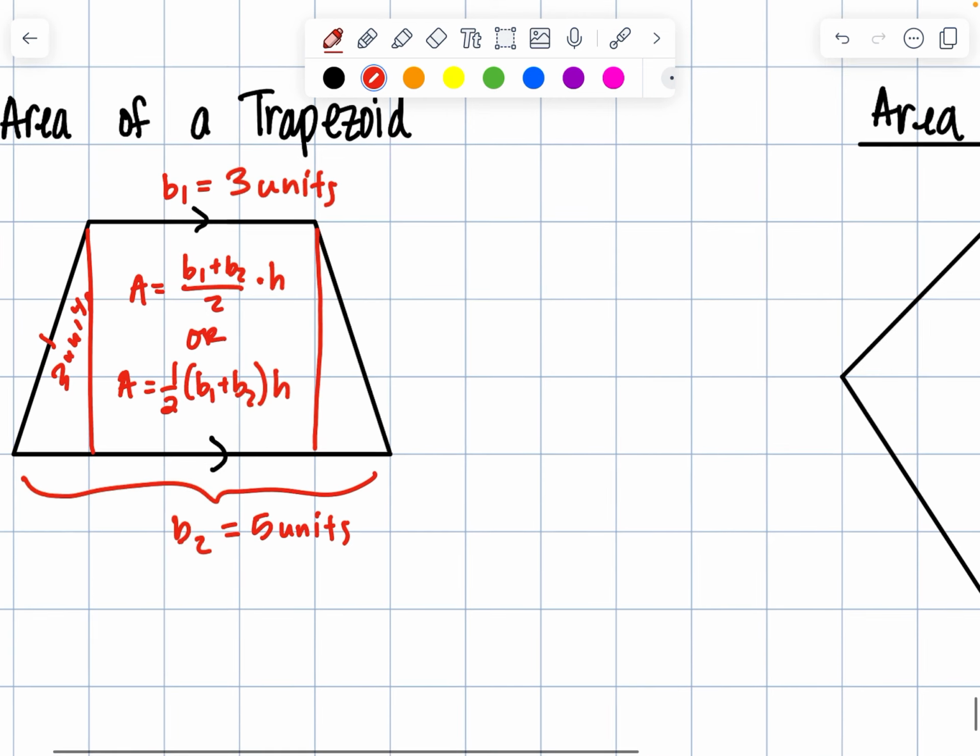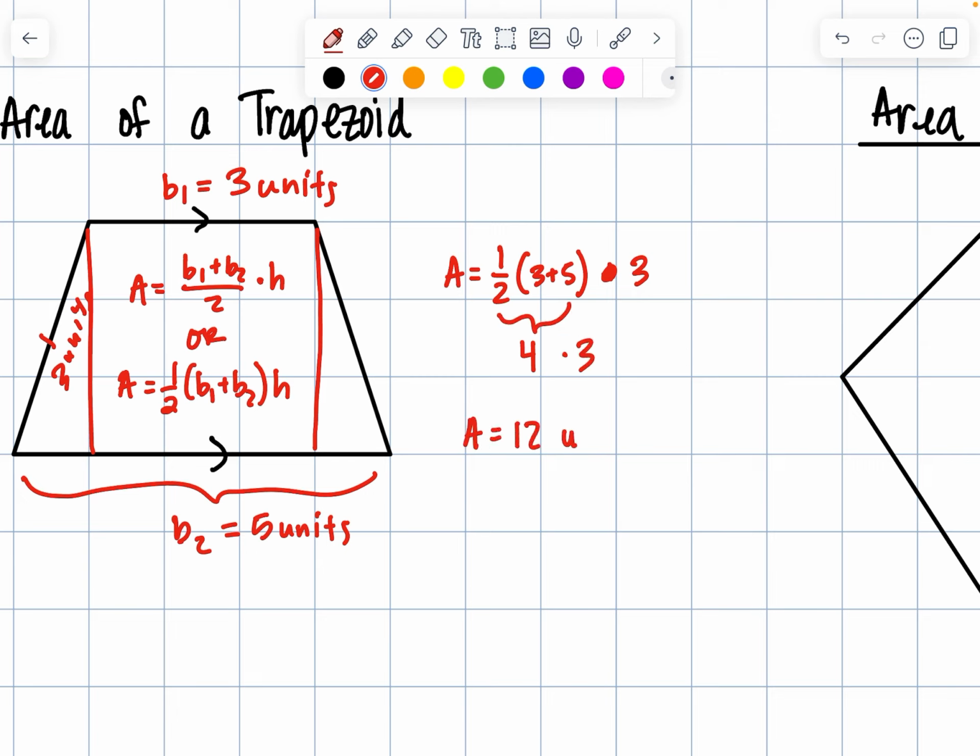They are both technically correct, and they both work, as we just saw. I'm going to use the bottom equation: 1/2 times 3 plus 5, because those are your two bases, times the height of 3 units. 3 plus 5 is 8. 8 times 1/2 is 4, times 3. So we get area is equal to 12 units squared. So either equation works here.